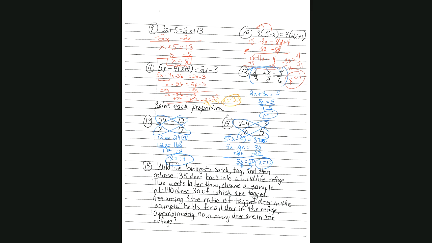All right, so here we're going to set up a proportion, and we're going to do it in such a way where you're going to have the original tag over the total. Whenever you're doing proportions and comparing ratios, you're always going to put the total number of deer, this is our total, at the bottom, over the original number tag.